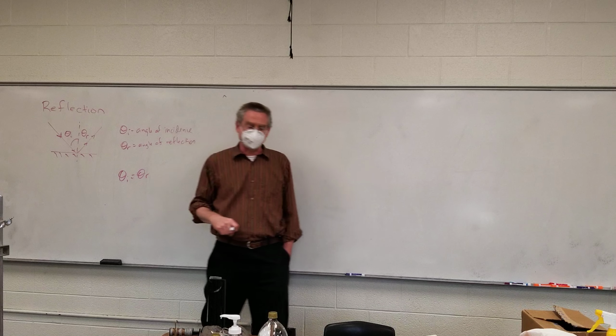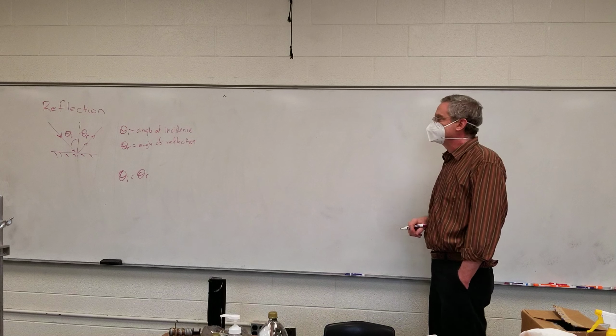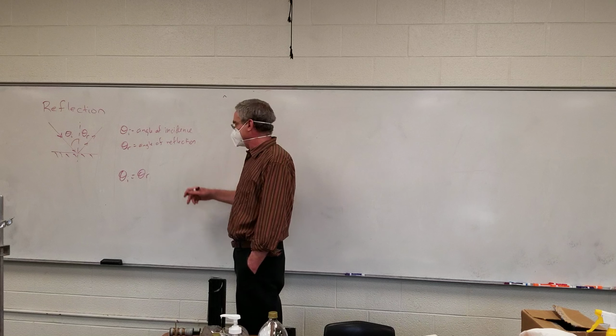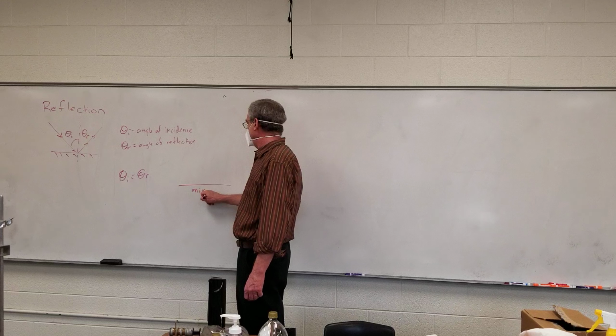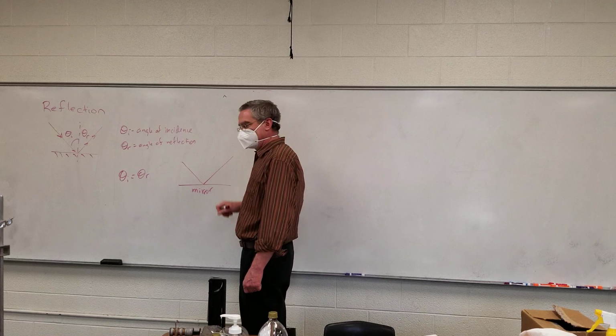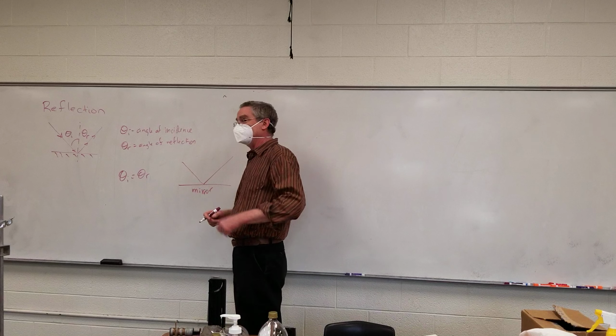It doesn't always necessarily seem that way, but it happens. So if I took a mirror and shine the light onto it, we can come pretty darn close that this holds true.